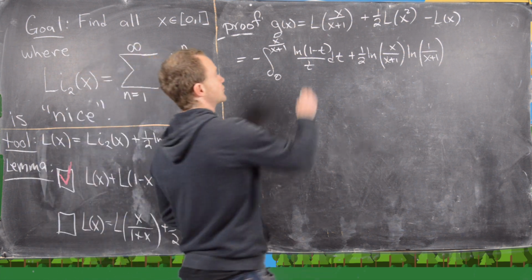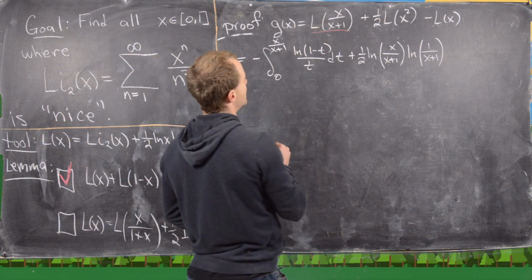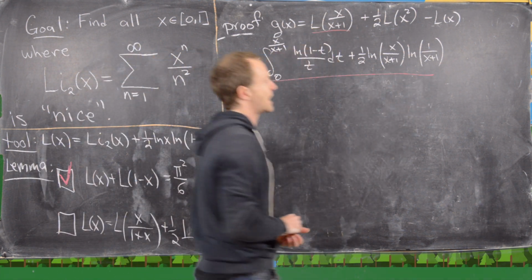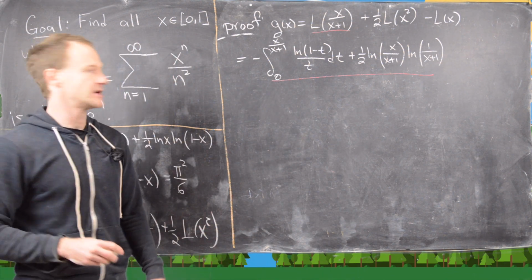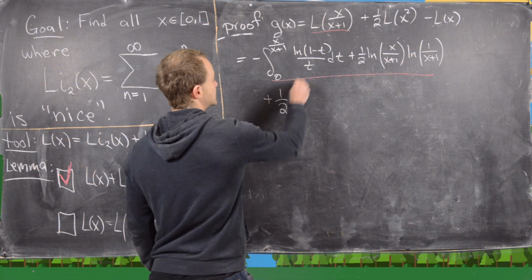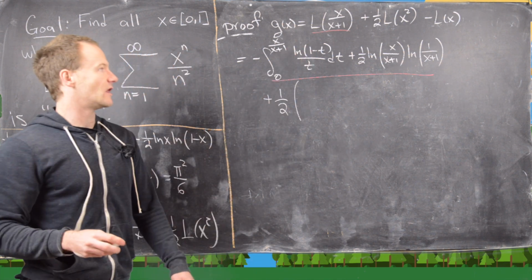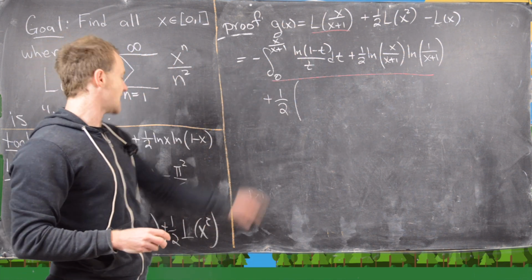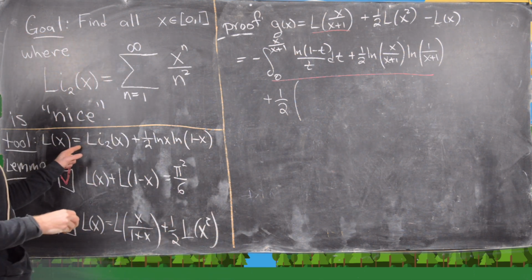Just to reiterate, this part right here is given by all of that. Now we're going to have plus 1/2 times that L of x squared. So we're going to replace that in this way.